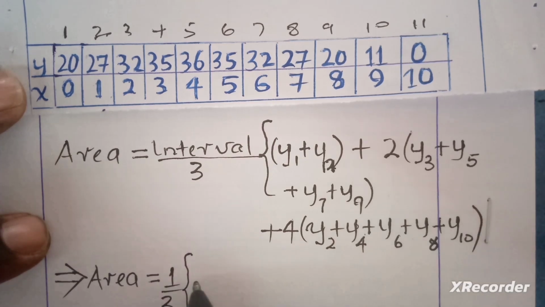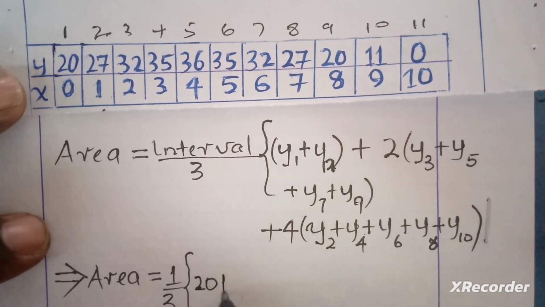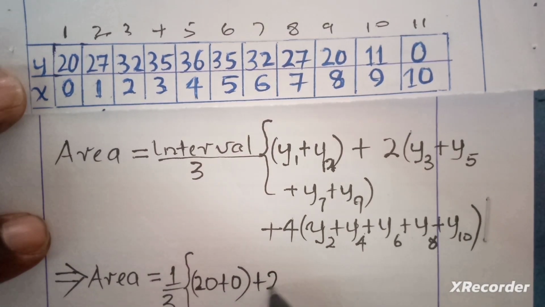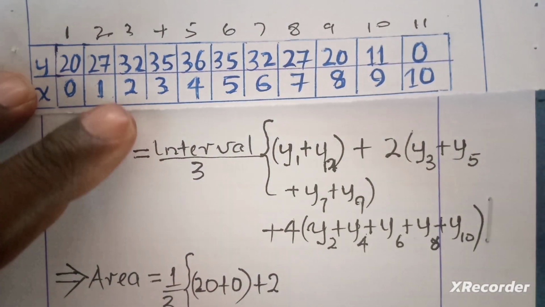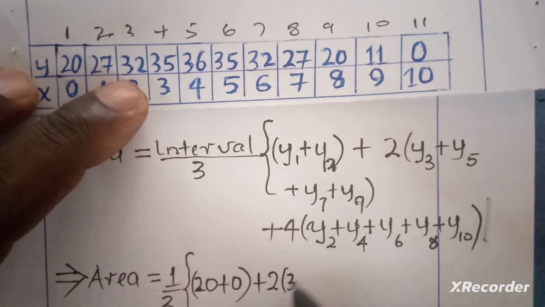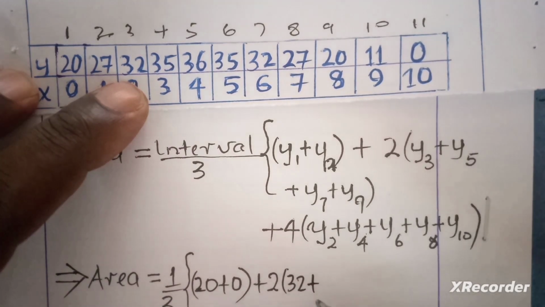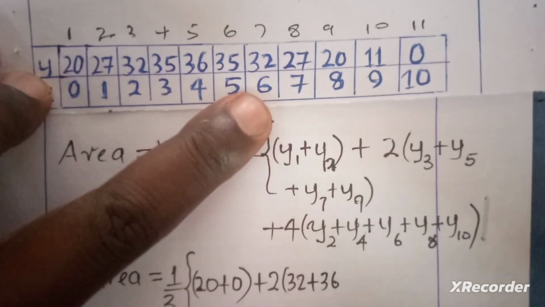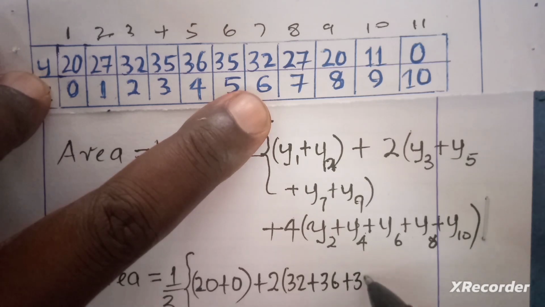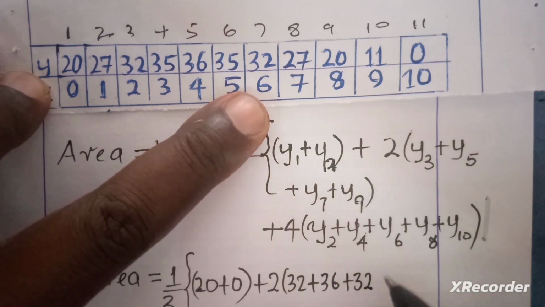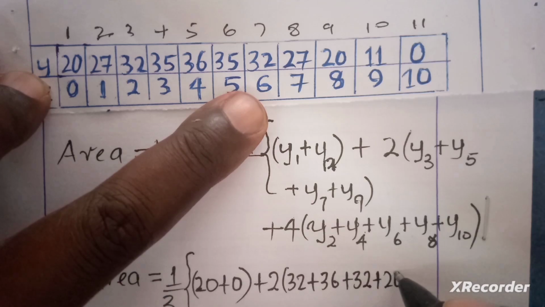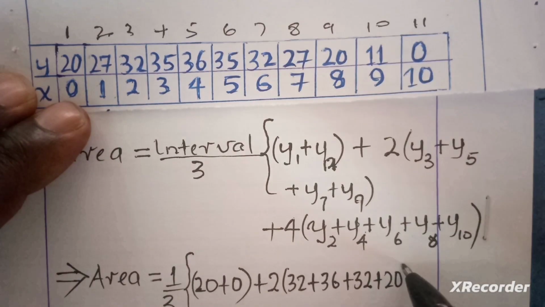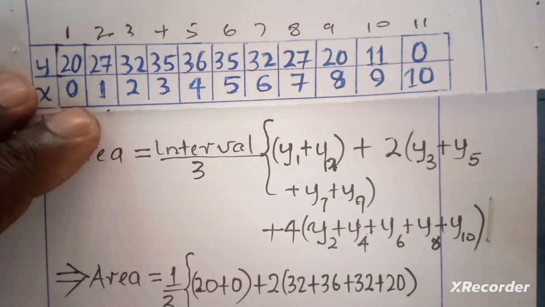The first ordinate we have is 20, plus the last ordinate, which is 0, plus 2 times the odd ordinates, for which we have 32 plus 36 plus 32 once again plus 20, which is here. This one we already used. So those are the coordinates of y.